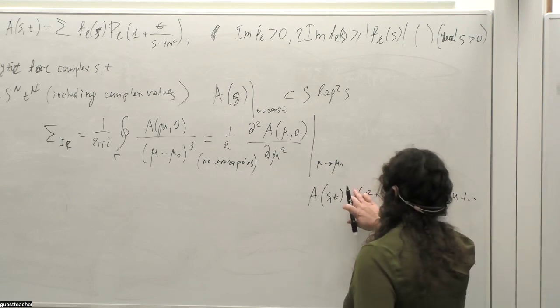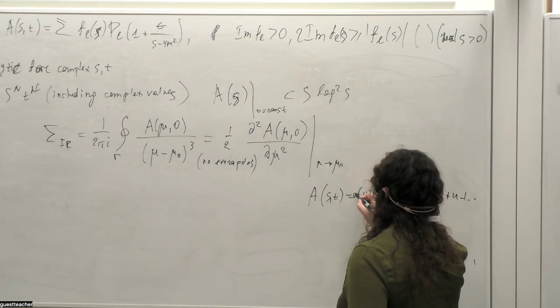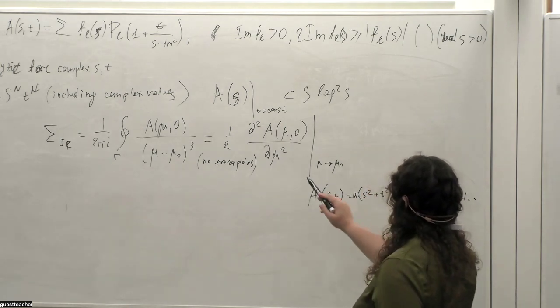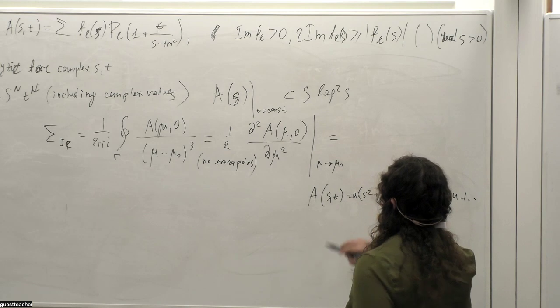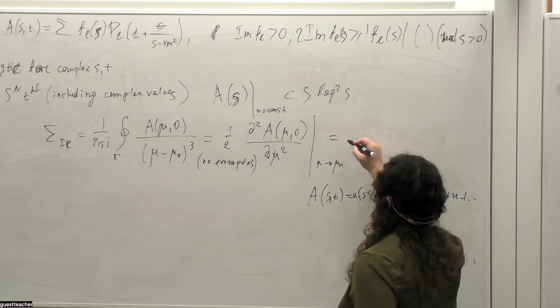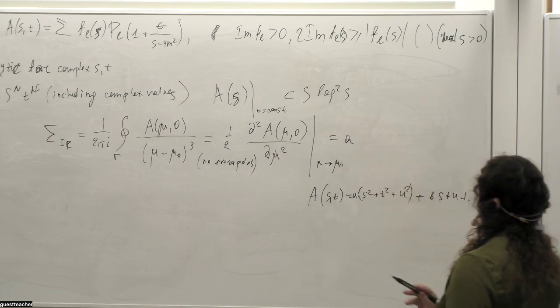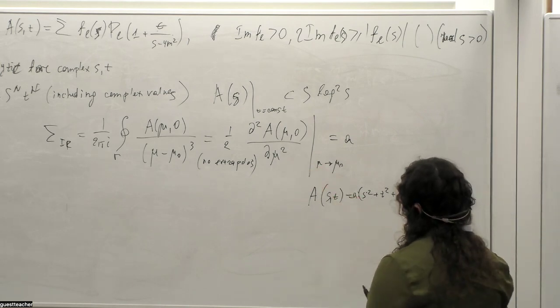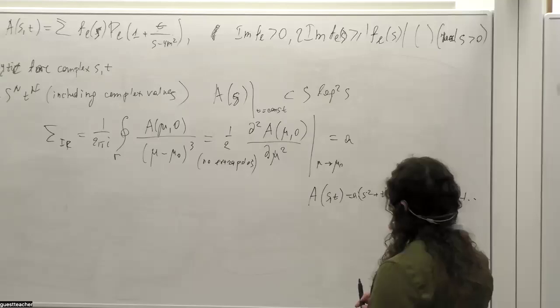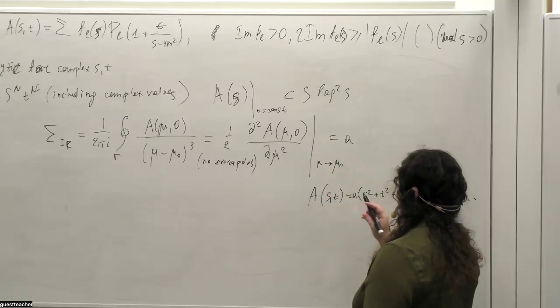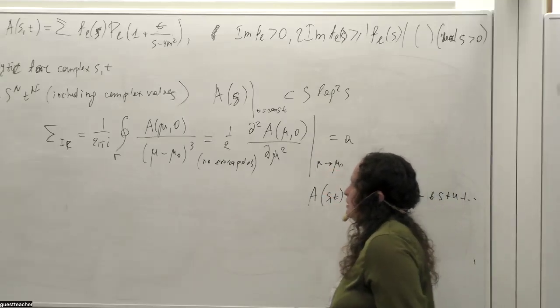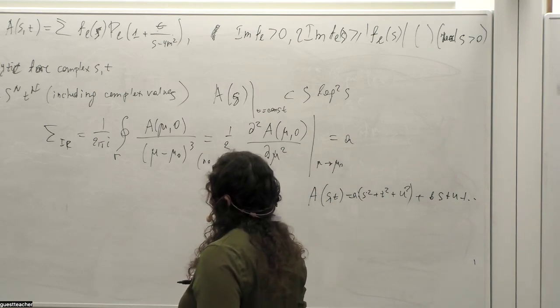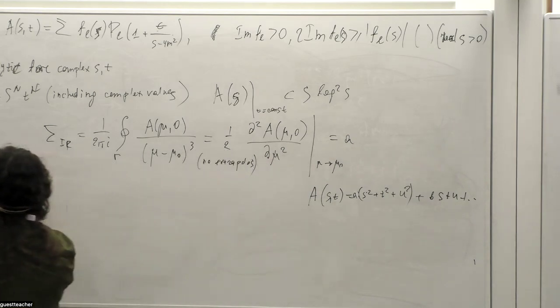This quantity will be just equal to the coefficient in front of s squared, because I take a derivative, I get factor 2 and I have 1/2. So in this way I can extract the coefficient a in my amplitude.